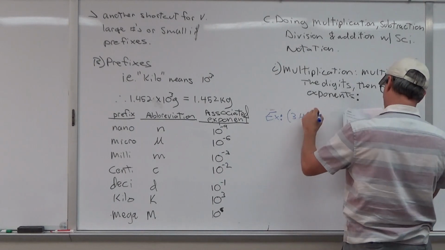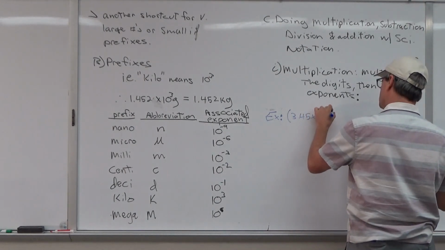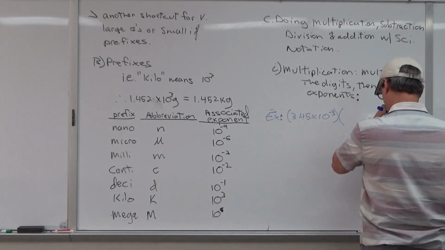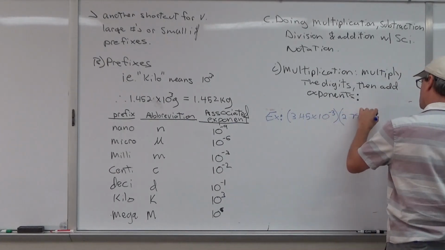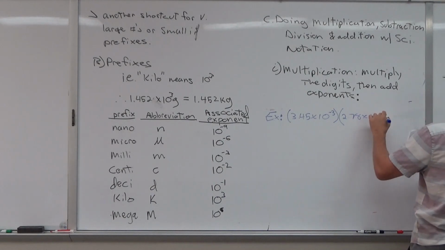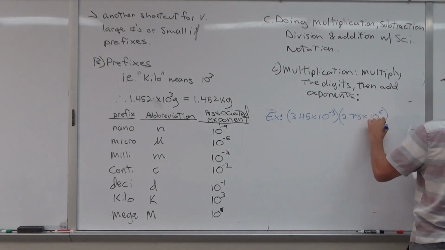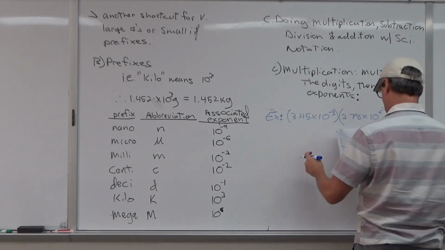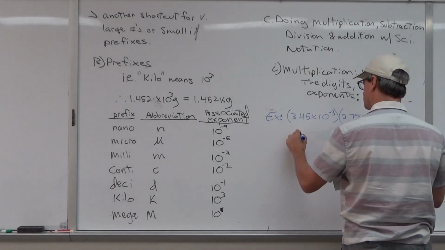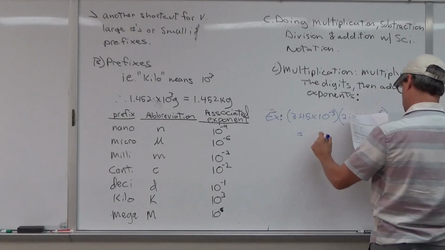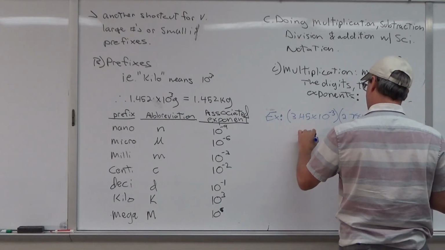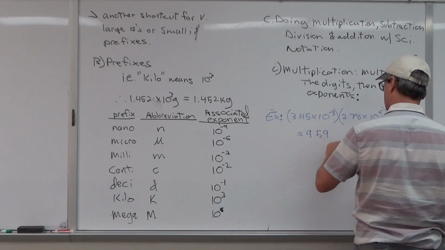this number, 3.45 times 10 to the negative 3, okay, times 2.78 times 10 to the 6, okay. That is going to equal, if you multiply 3.45 times 2.78, what you're going to get is 9.59, okay?